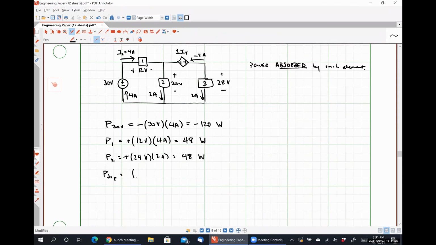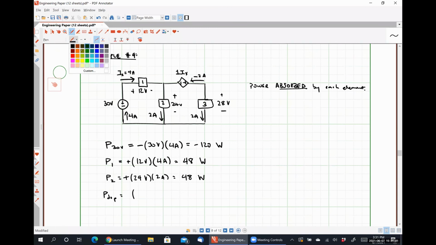Based on what the circuit diagram tells me, the voltage drop is 1 times Ix, okay? But we have to remember that this is a current controlled voltage source. And actually, I forgot to talk about something kind of important, so we'll have to circle back around to that in just a minute. I can't believe I forgot it.